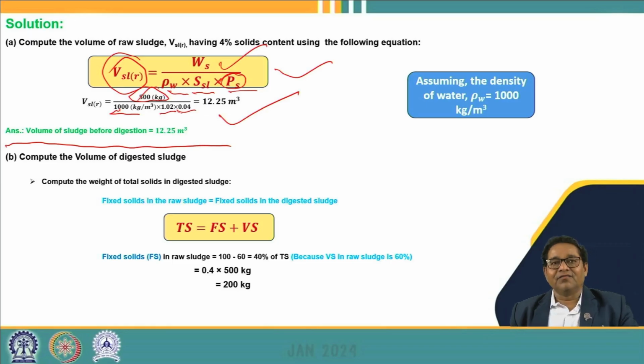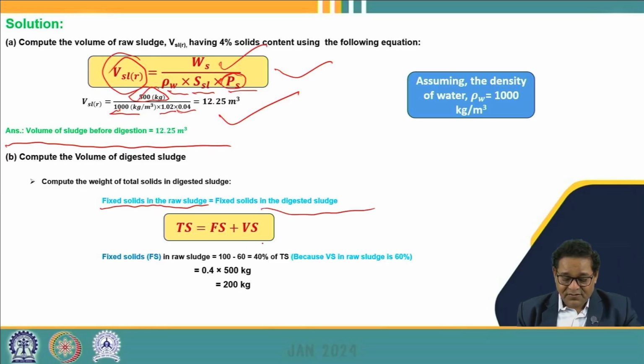Now we have to calculate the volume of the digested sludge after the sludge digestion process. So we have to calculate the total weight of the digested solids. First of all, let us calculate the fixed solids. Basically, the fixed solids in the raw sludge will be equal to the fixed solids in the digested sludge. Total solids is the sum of the fixed solids plus the volatile solids.